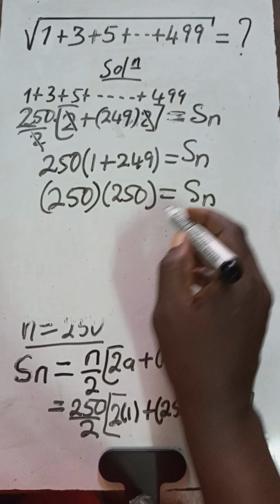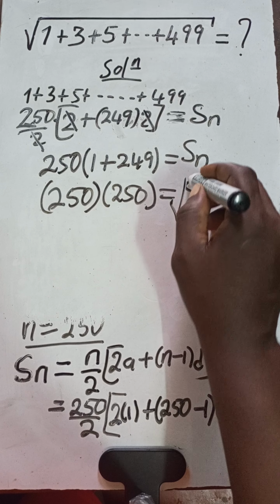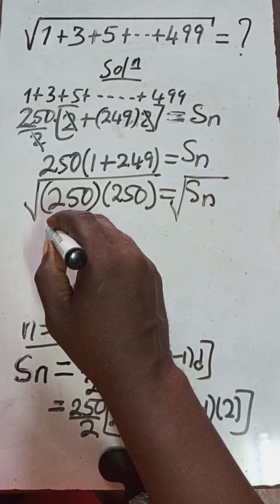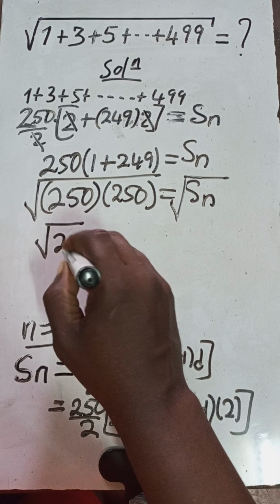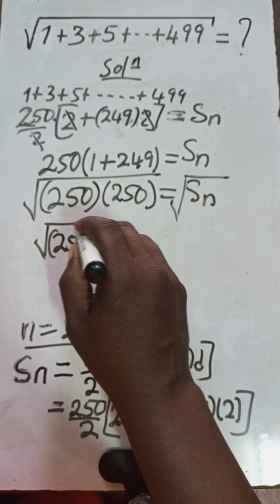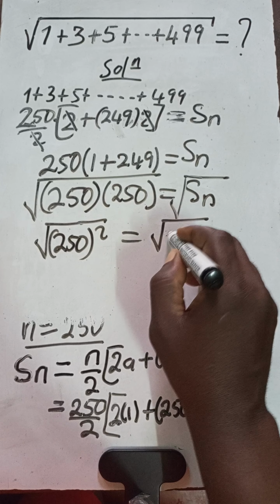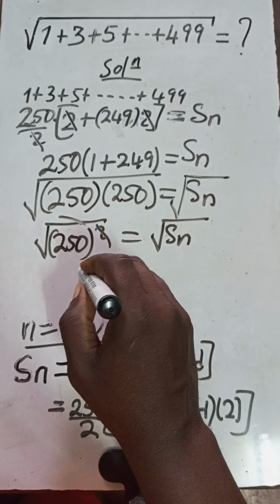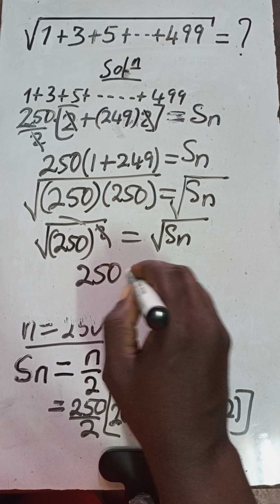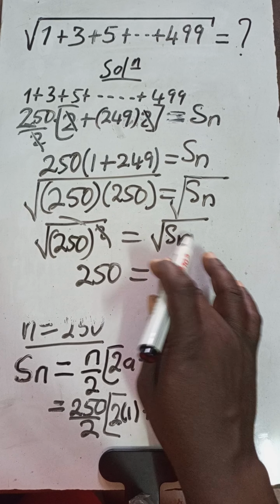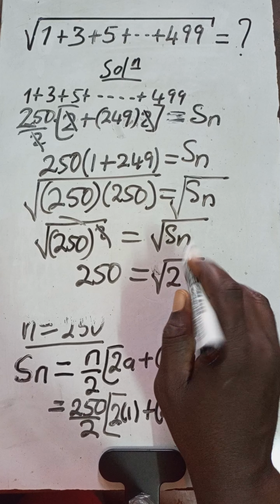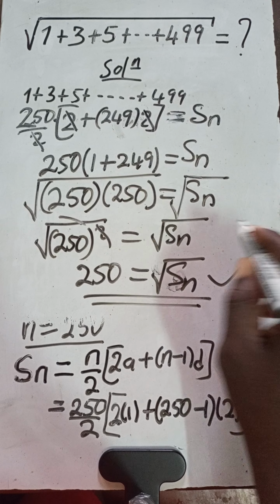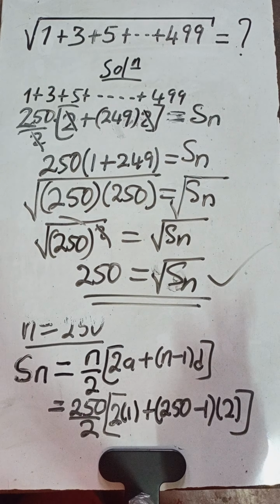Now, to get the square root, we simply take the square root of both sides. So remember, this is the same as the square root of 250 squared. All right, so the square cancels the square root, and then we'll have our answer to be 250. Okay, so this result here is 250.